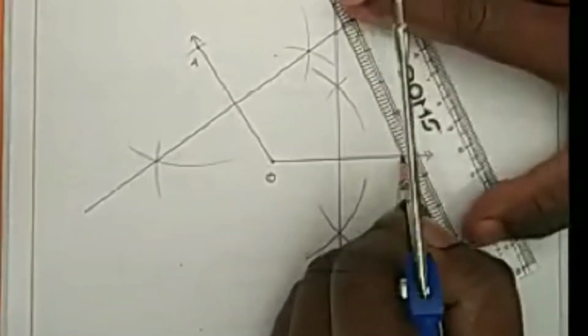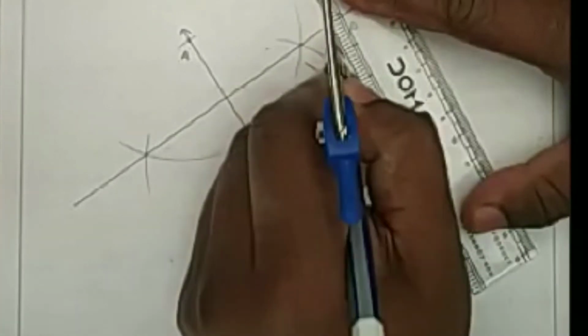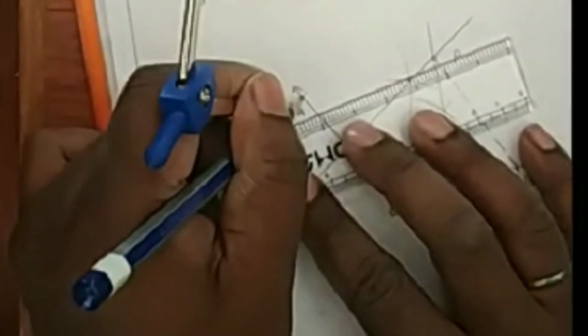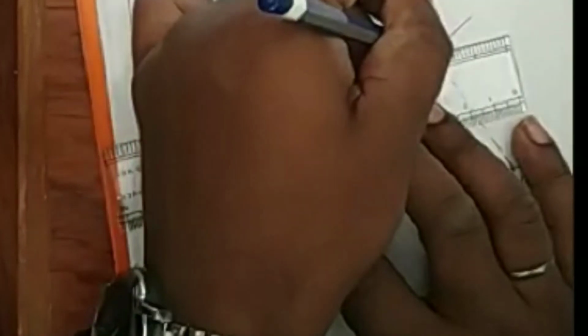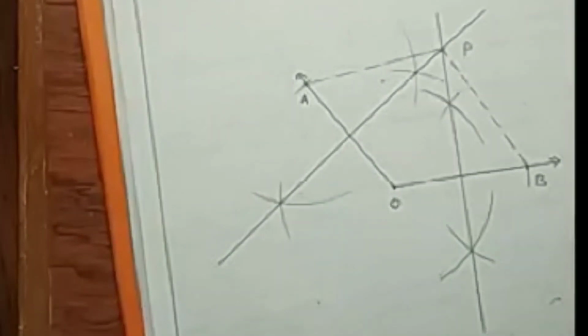For this we need to join PA and PB. Join these with dotted lines, just for the difference. PA and PB we are going to join, and check whether they are equal or not.